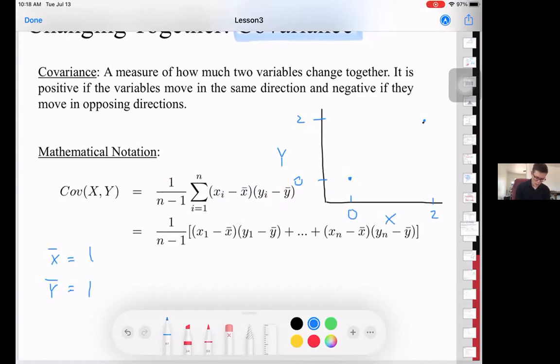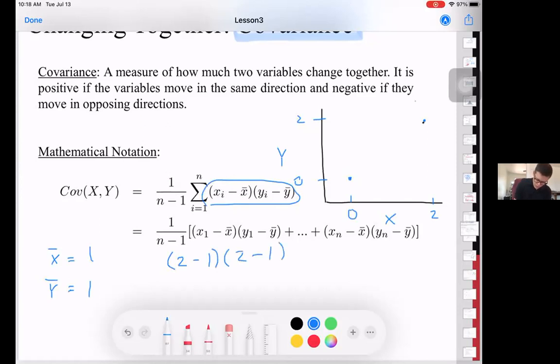So what we're going to do is just go through this, but luckily for us, because we only have 2 data points, we'll only be summing 2 of these products. So the first will be 2 minus 1 times 2 minus 1.